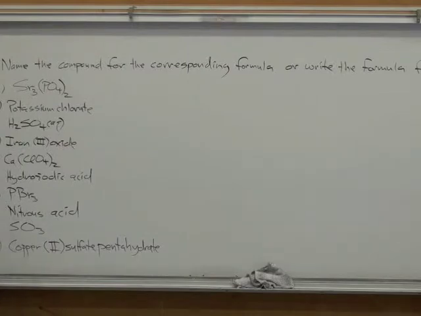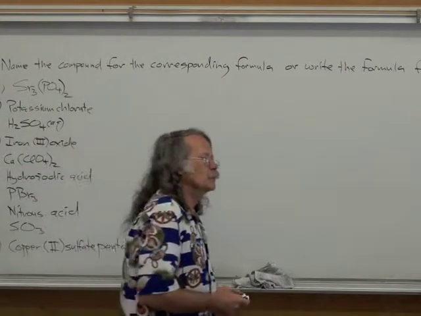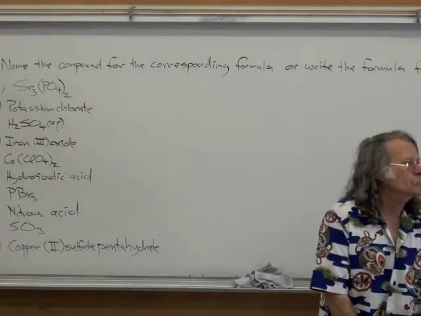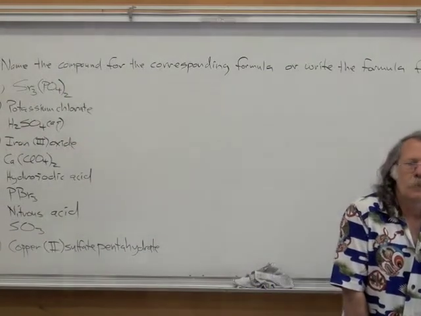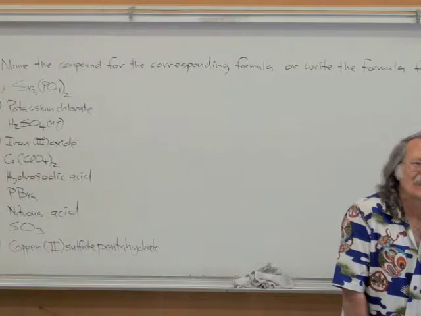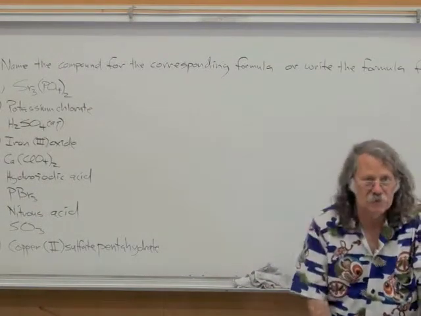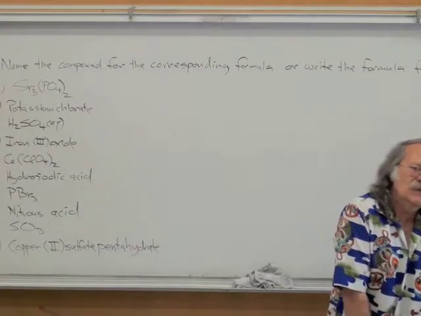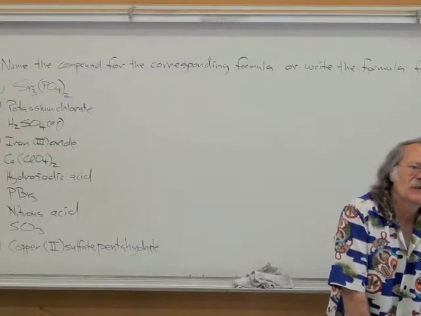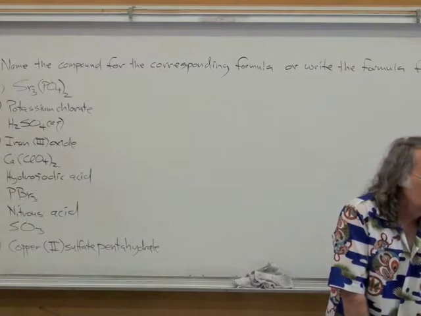The first one is a simple, straightforward question: what kind of compound is that? An ionic compound. We just went over the rules for that. How do I name it? I name it after the first element that appears in the formula, which conveniently is always the cation.